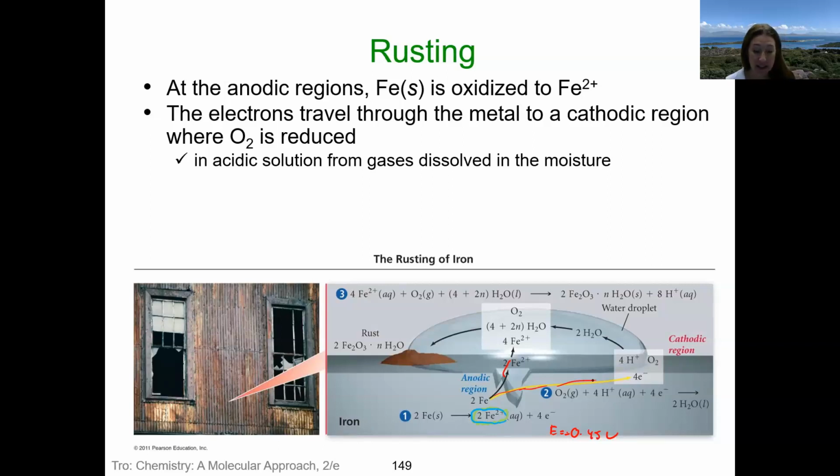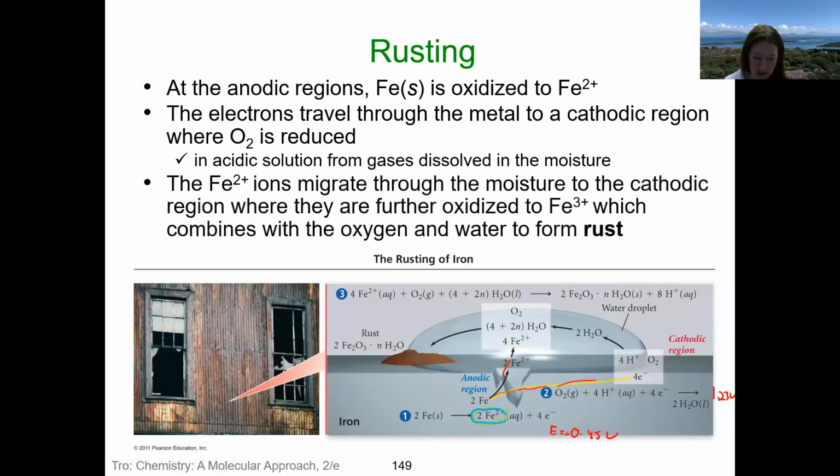Now, if it's an acidic reaction, this is super fast. So this is my acidic reaction. It's just 1.23 volts. So if we put this together, flip this one over, you can see it's a pretty spontaneous reaction, right? So in an acidic solution, this happens even faster than in a neutral solution.